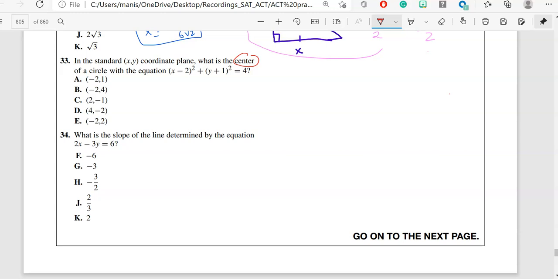The standard form of the equation of a circle with center h comma k is x minus h whole square plus y minus k whole square is equal to r square, where h comma k is your center and r is your radius.